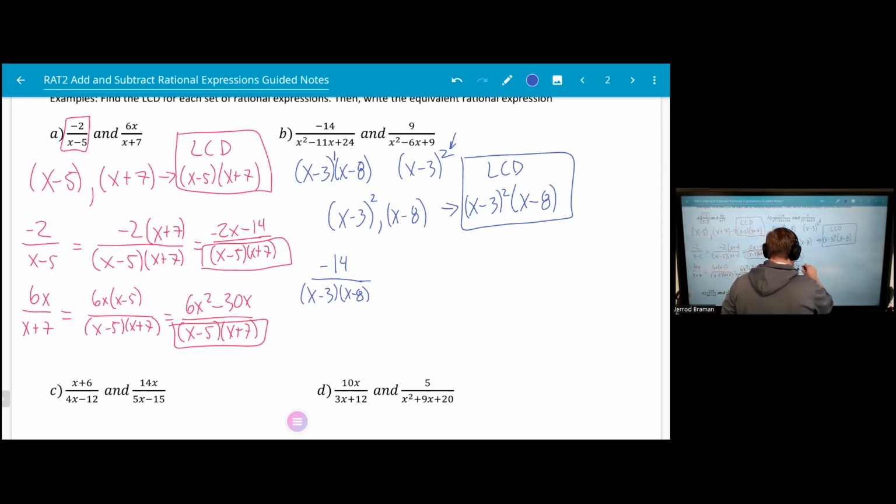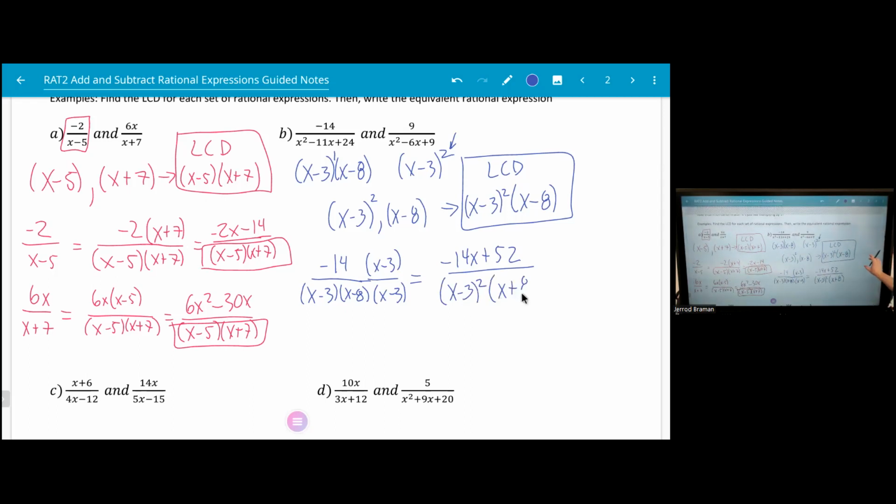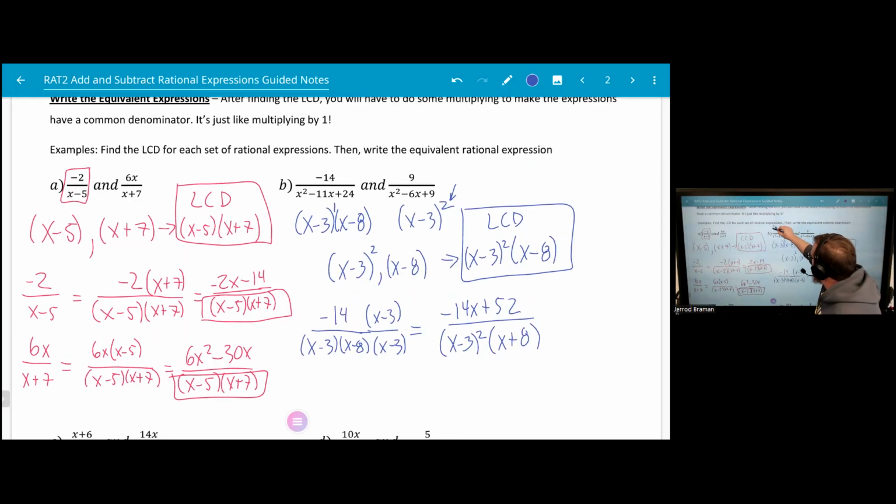Now my numerator becomes, using the distributive property, negative 14x plus 52. And now we got (x minus 3) squared times (x minus 8). This right here is my equivalent expression for the first one.